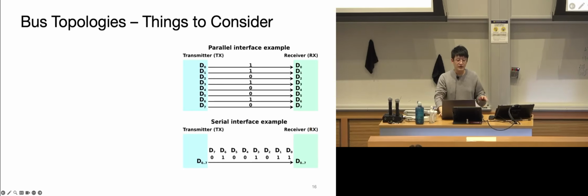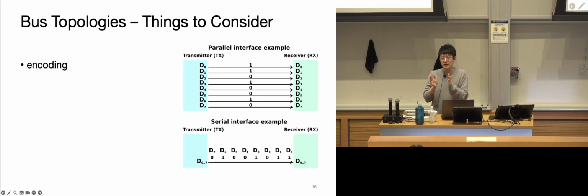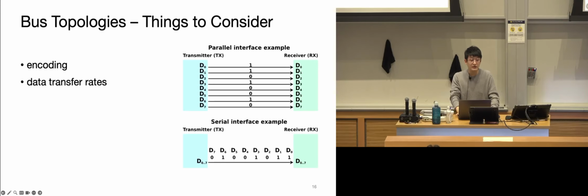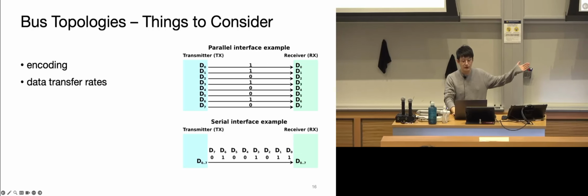Generally speaking, if we consider which type of communication protocol to use, parallel versus serial, we need to consider encodings, meaning how you prepare your data and how you interpret the data on the receiving side. You also consider the data transfer rate. If you need super high speed, you go with parallel.